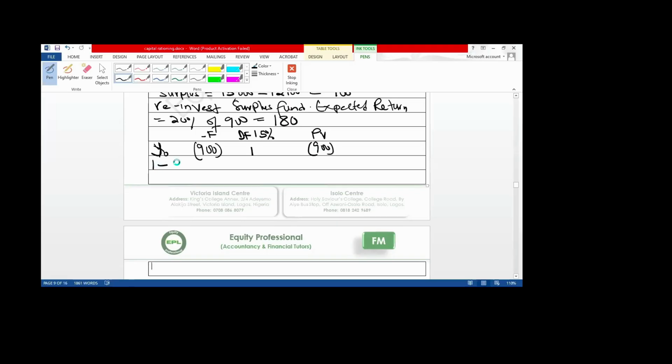Then year 1 to infinity, you are going to get 180, 20% of 900. Discount factor here, 1 over 0.15. That means divide 180 by 15%.